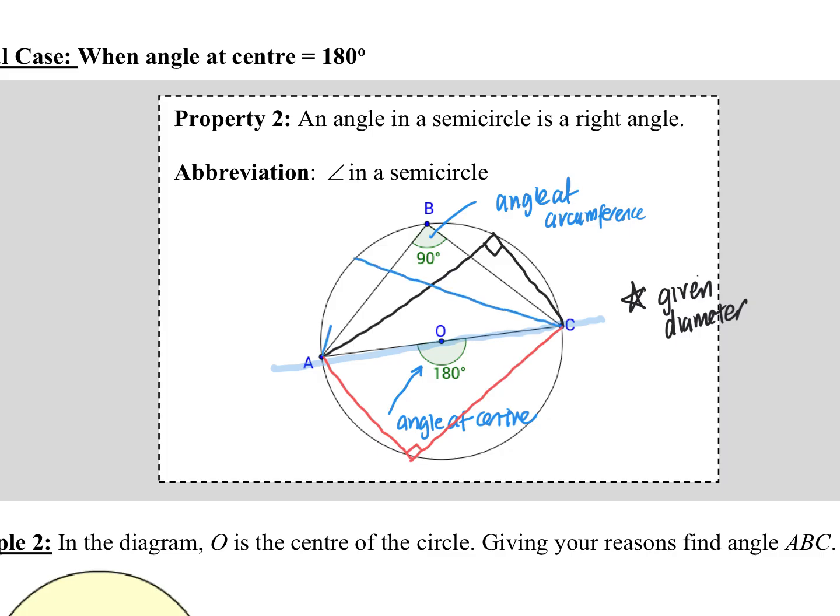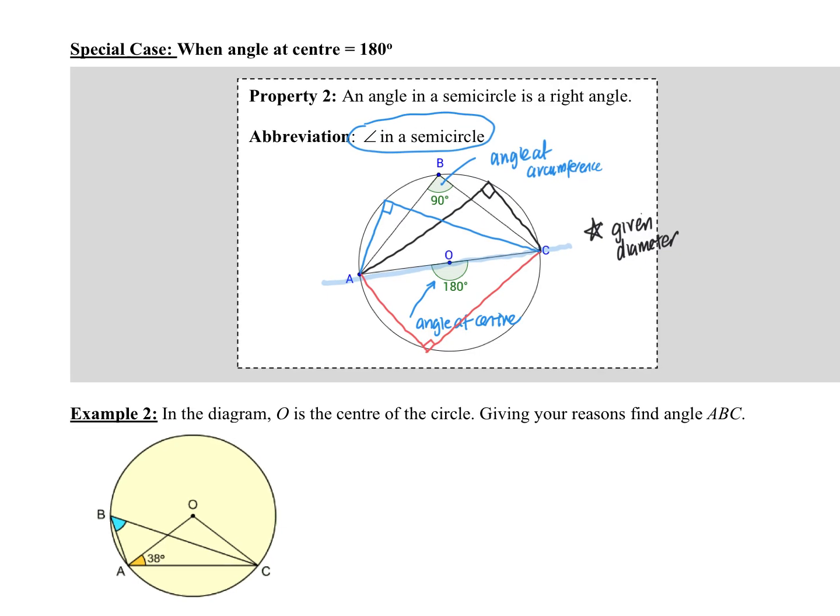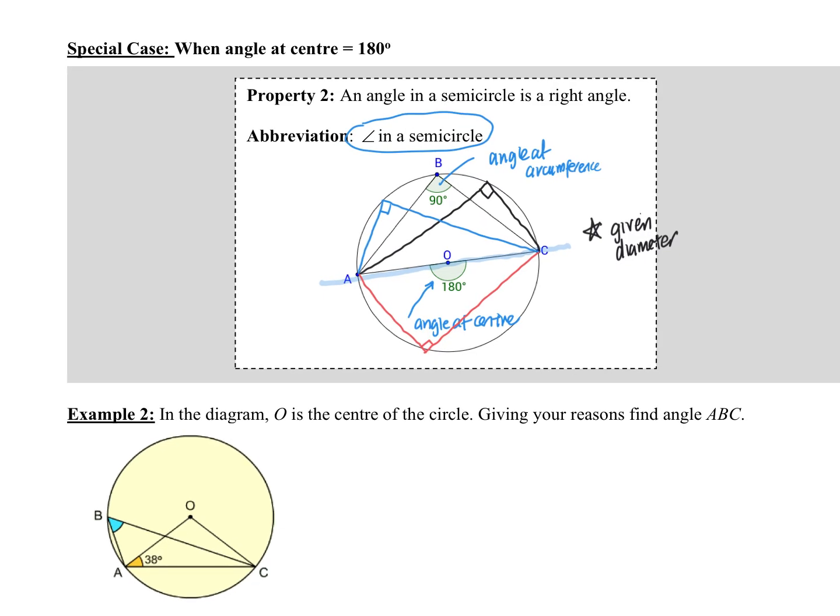At the circumference, it will always be a 90-degree if this is a diameter. So this property is called angle in a semicircle. It's a special case of the property just now. Special case. Yeah, special case. That's why they put here special case.